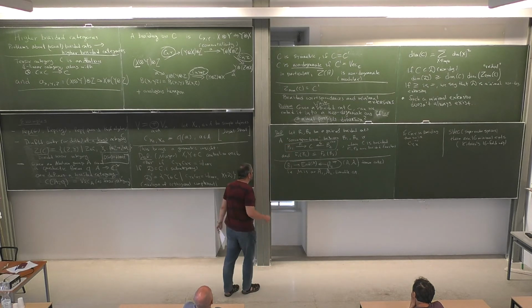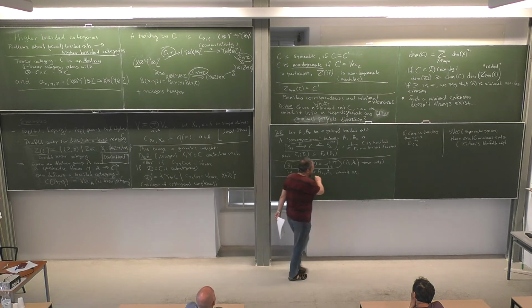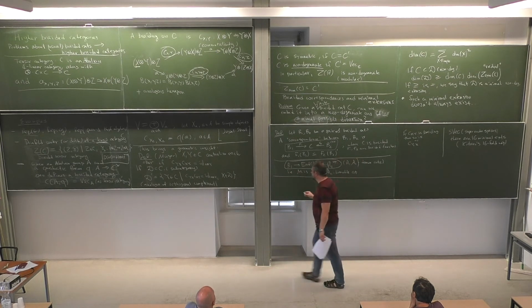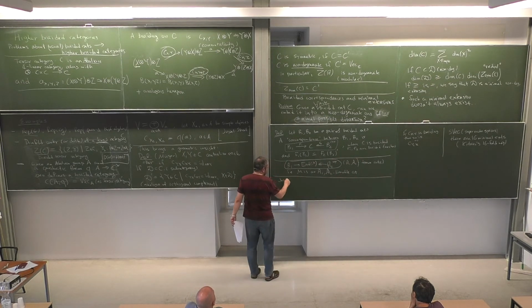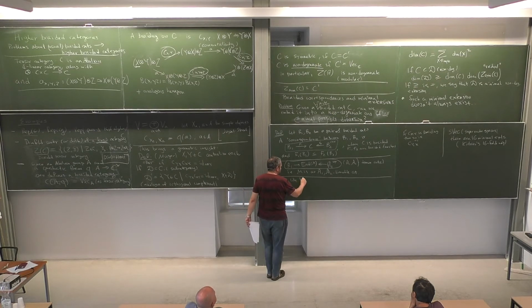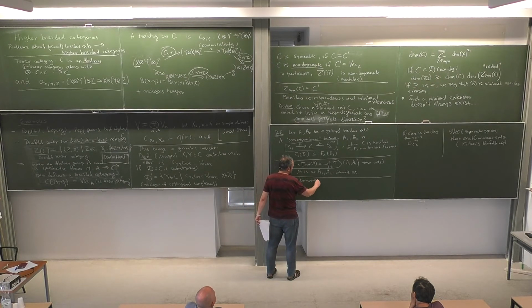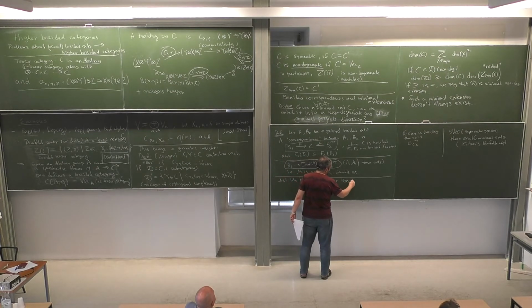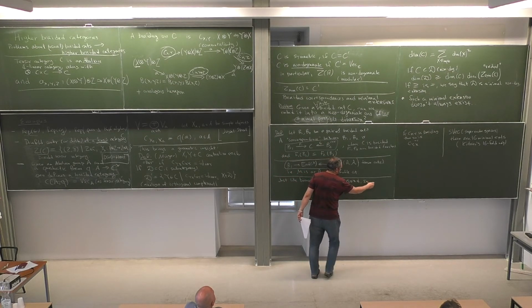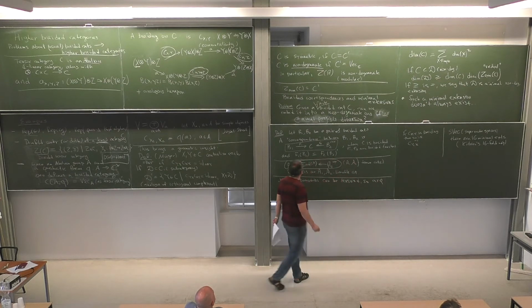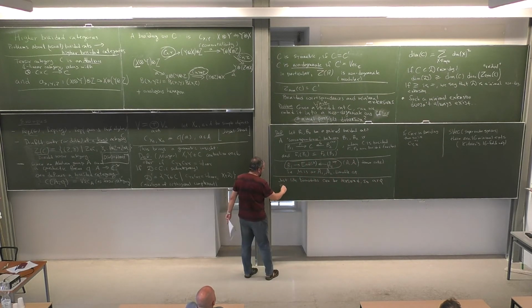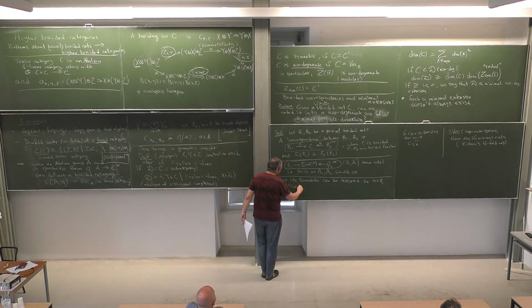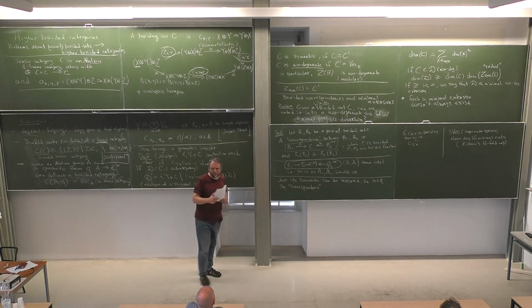Now, just like bimodules can be composed, like bimodules can be tensored, so are the correspondences. I thought for a while about what should be an appropriate name for it. There is something like this in the theory of von Neumann algebras.